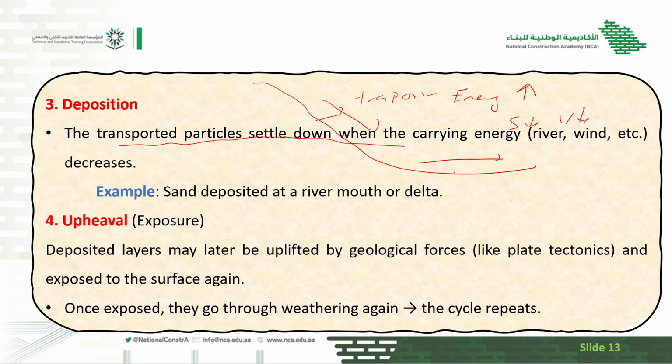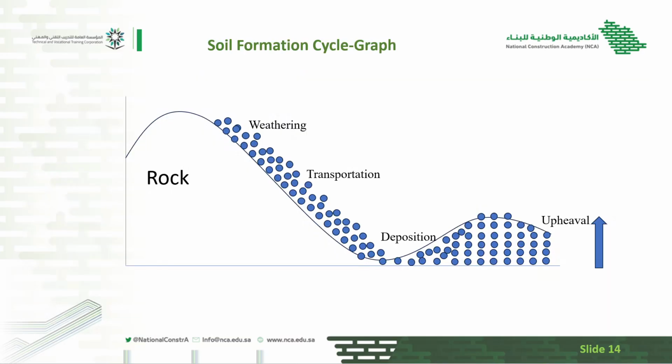When the velocity decreases, what happens? The particles of soil become deposited here. Then there is upheaval, which means the deposited layer may later be uplifted by geological forces and exposed to the surface again. So it is not a 1 day or 1 year or 10 year process. It happens over millions or thousands of years.